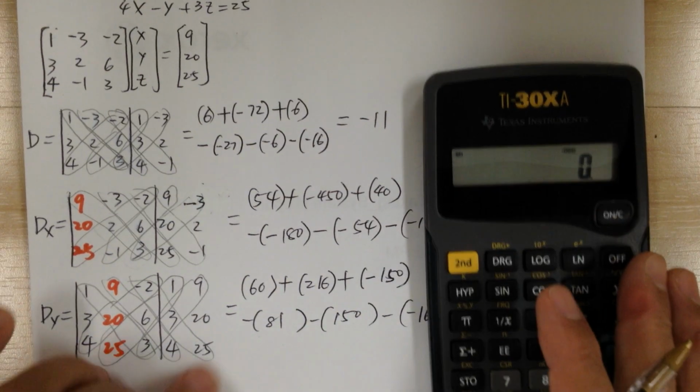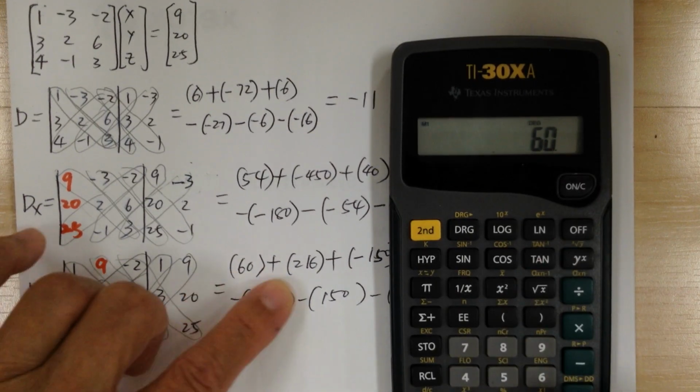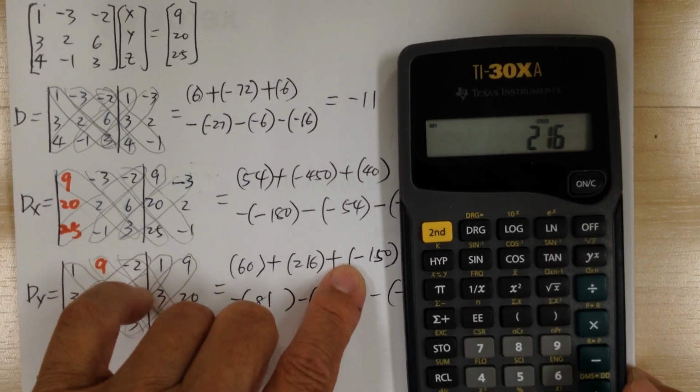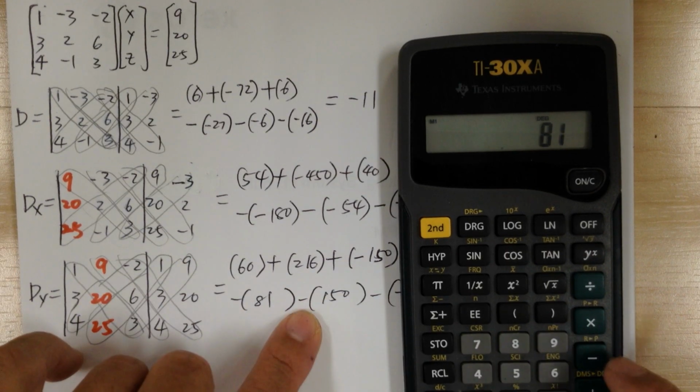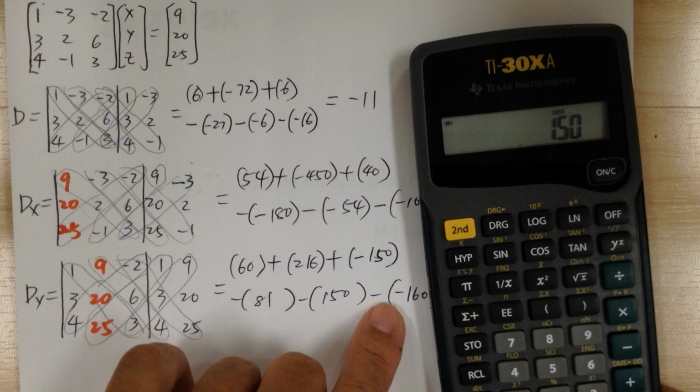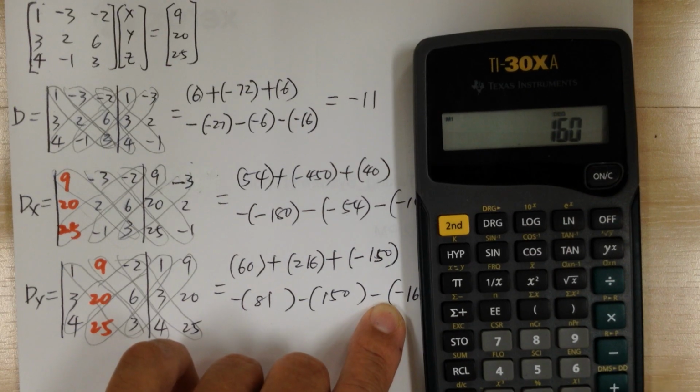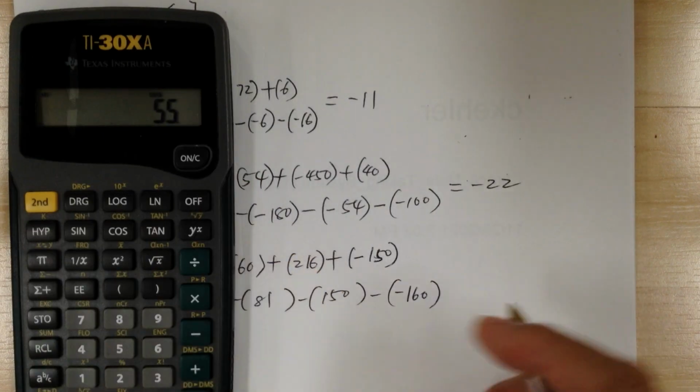Okay, get a calculator. So 60 plus 216. This will become minus, so minus 150, minus 81, minus 150, and this becomes plus 160. Okay, so equal to 55.